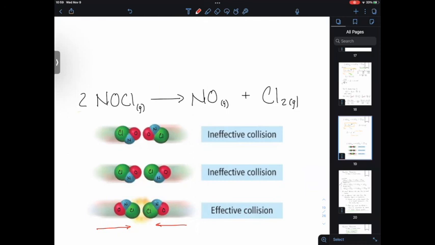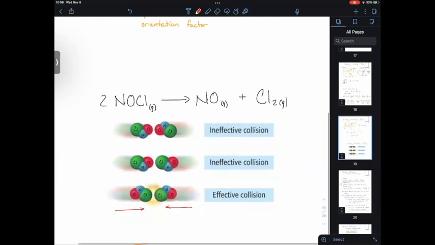The whole point here is that only a small fraction of collisions are effective. Right? Only a small fraction of collisions will lead to a chemical reaction.